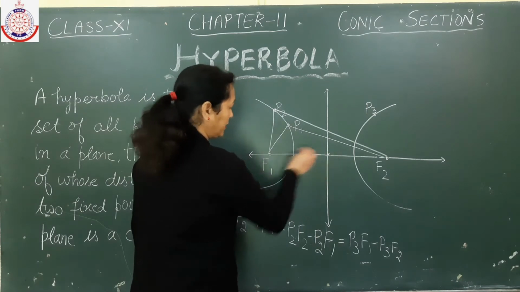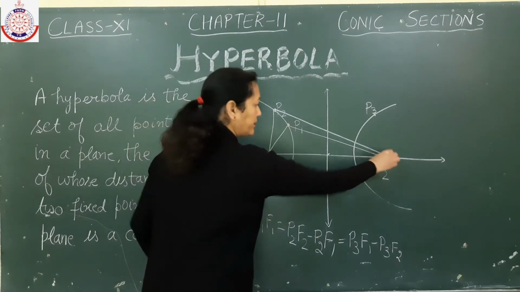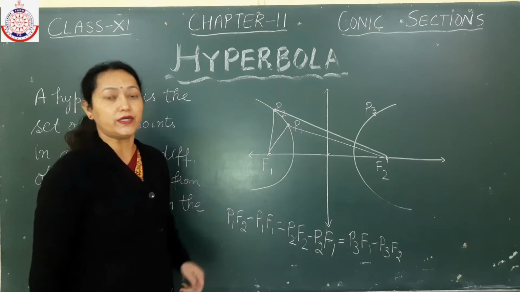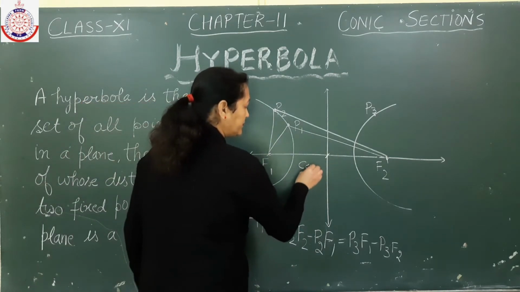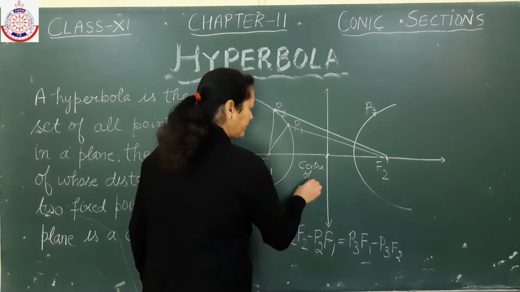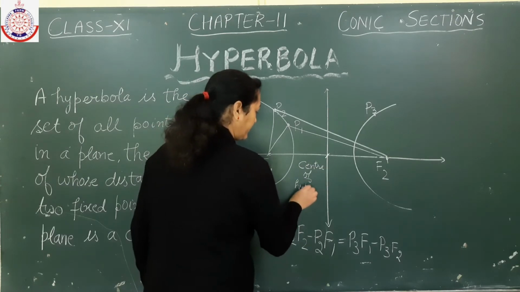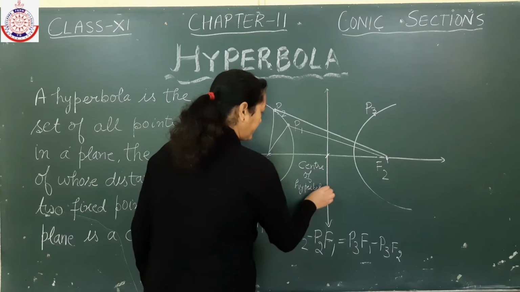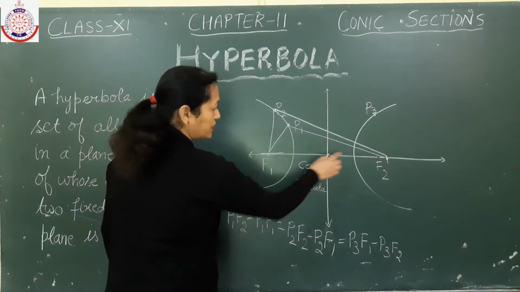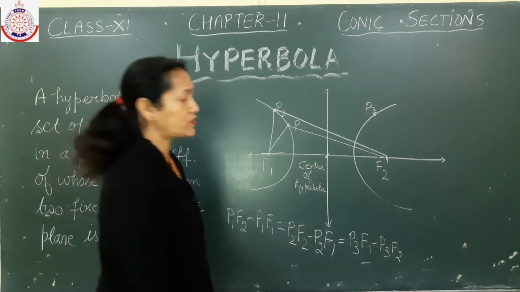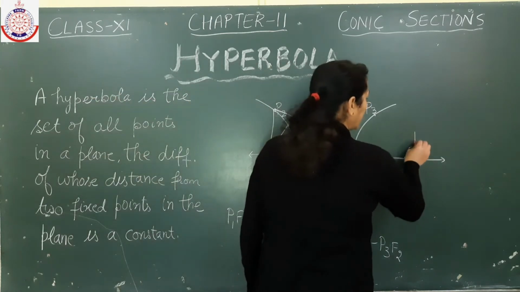This midpoint of focus F1 and F2 is called center of hyperbola. The axis on which focus points are lying is called transverse axis.